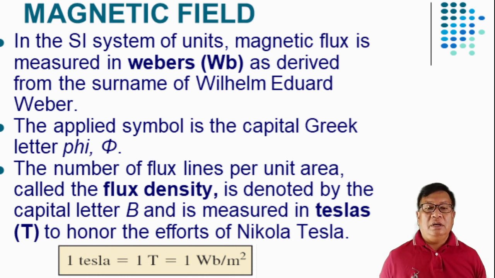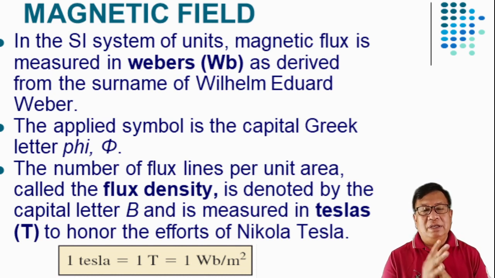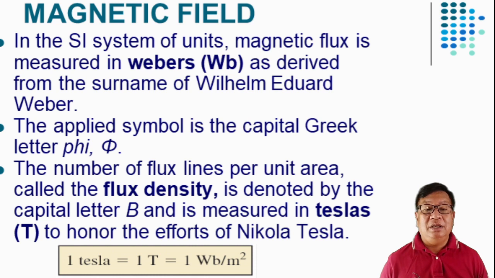So it is in honor of the contribution of Nikola Tesla when it comes to generation, no? Malaki po siyang contribution diyan. So we have that 1 Tesla or 1 capital letter T is equal to 1 Weber per square meter. Okay, so that is your flux density.